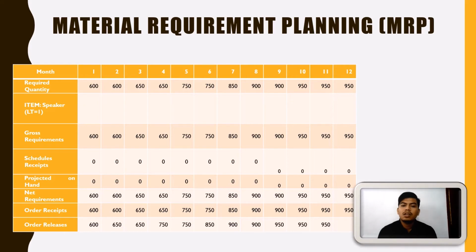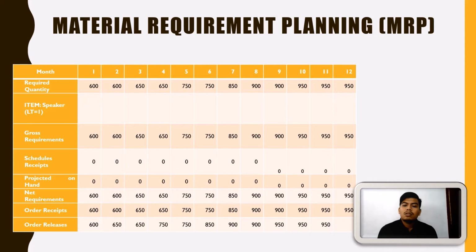The seventh month 850. The eighth month 900. The ninth month 900, the 10th month 950, the 11th month 950, and lastly, the 12th month 950. It follows the forecasting demand from the aggregate planning.